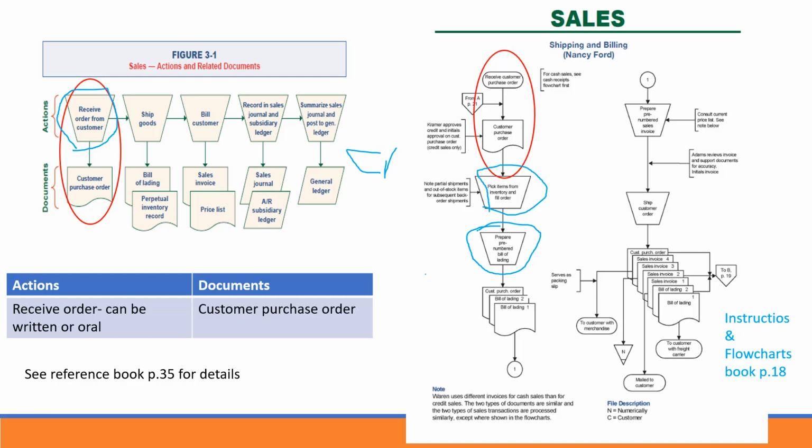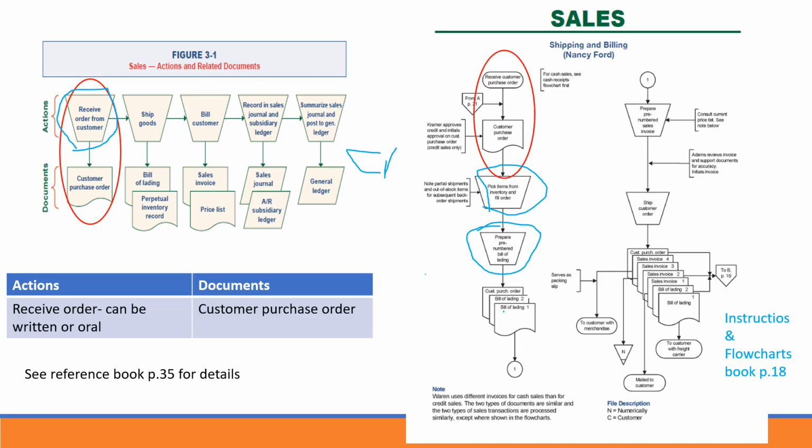Bill of lading is a shipment document, because we need to ship the goods. So the bill of lading is a document prepared at the time of shipment. Usually this document will indicate the description of the goods that you shipped, how many quantities, and also some other relevant data.